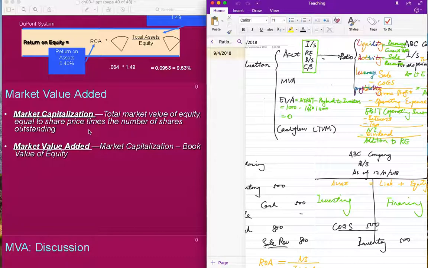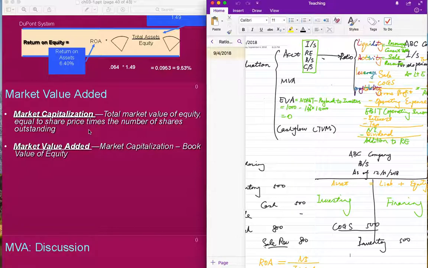Just like Amazon just pushed over the record of $1 trillion, that is the total market capitalization. That is the share price multiplied by the number of shares outstanding. The number of shares outstanding for Amazon is not changing, however, the share price pushed up so that the total market capitalization broke the record of $1 trillion.